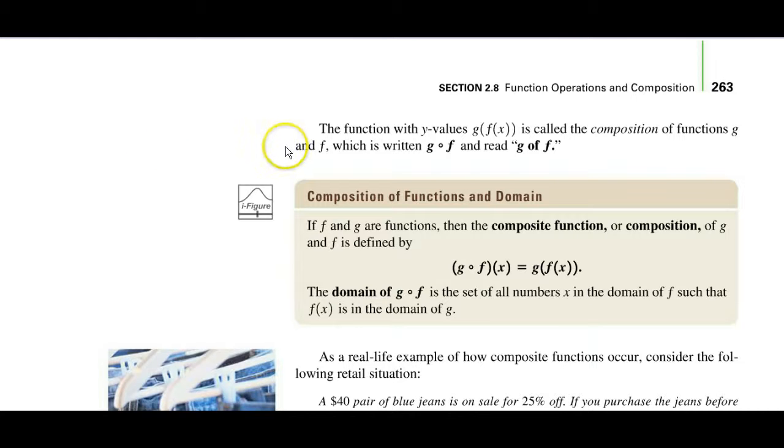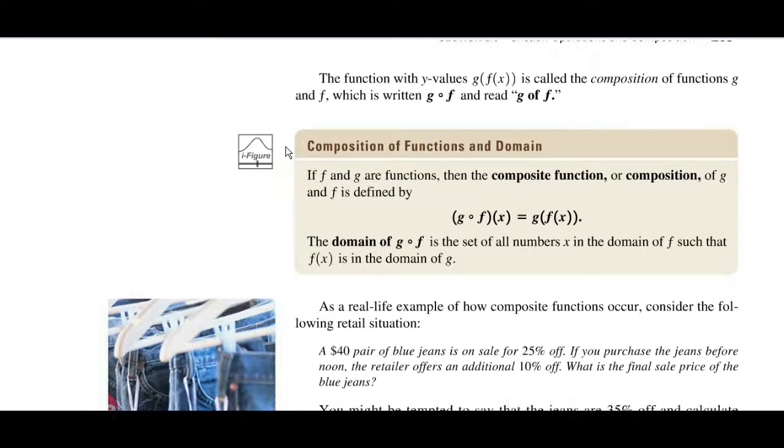And here it is right here. Didn't have to wait too long. So the function with y values that looks like this is called the composition of the function g with f. Now here they've switched it around. The one I had shown on the previous page was f of g.